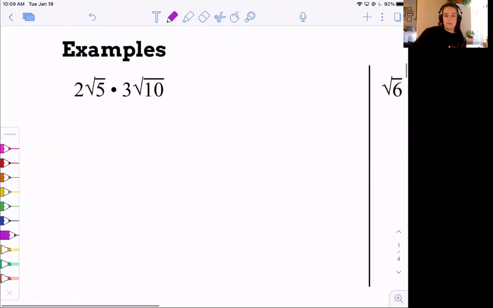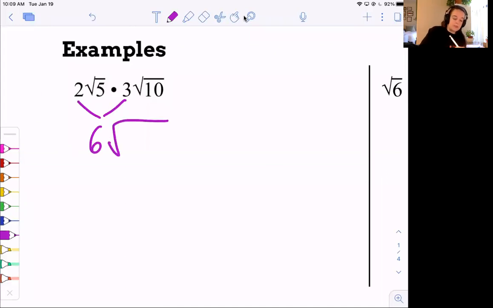So for this one here, we have 2 times 3, that's 6, root 50. Notice what I'm going to do here. I'm going to do 5 times 10, but I'm going to break up 10 into 5 times 2, right? So I have this original 5 here, and then I broke up 10 into 5 and 2. I don't need to go through the process of multiplying 5 times 10, getting 50, and then breaking 50 down again, right?